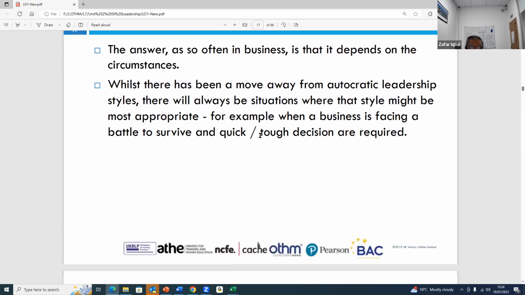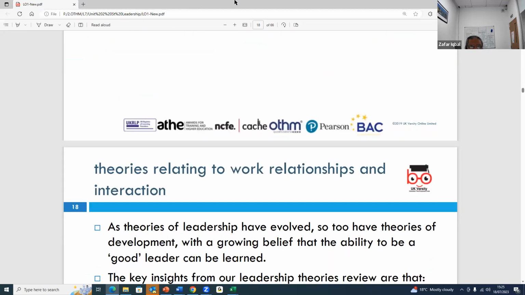However, it depends on all circumstances. Okay, so therefore, I wouldn't really go for one type of leadership in comparison with the other one. There are many theories relating to work relationships and their interaction.